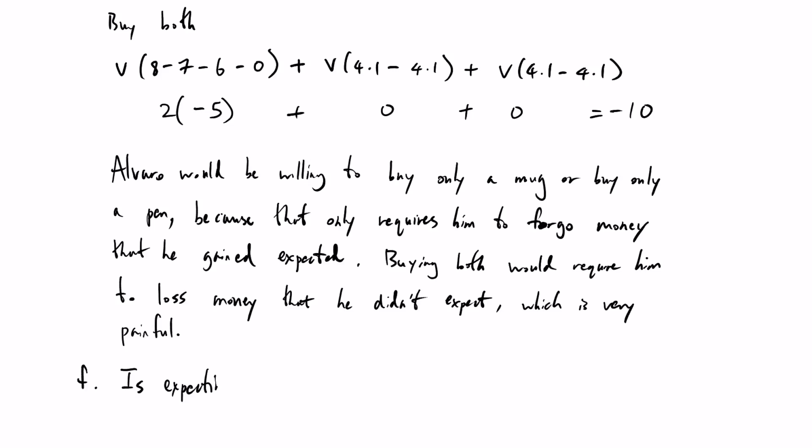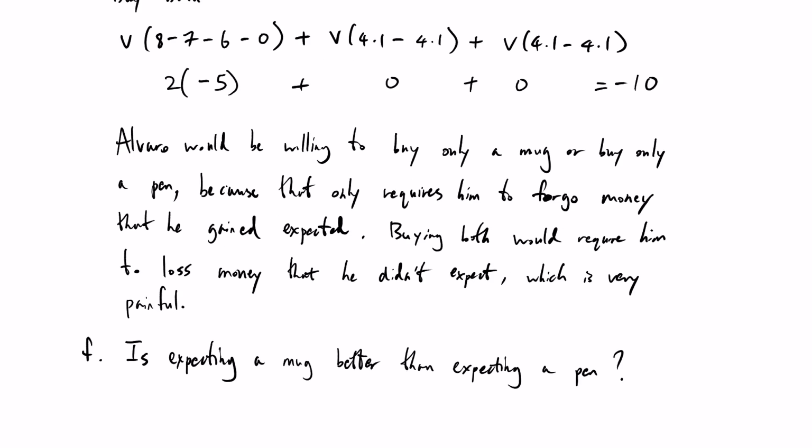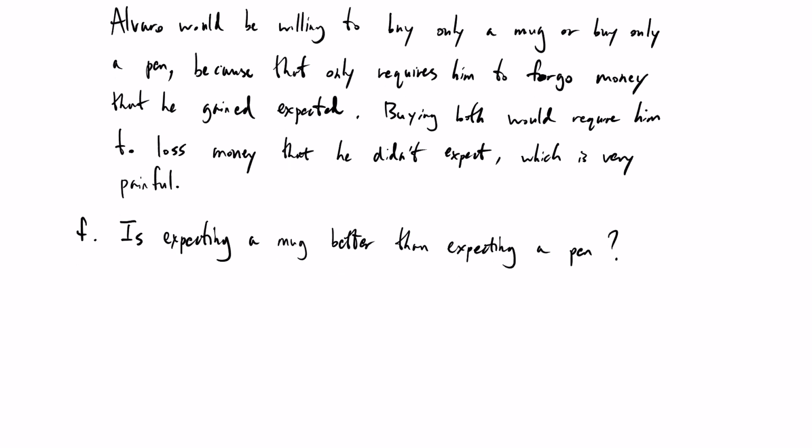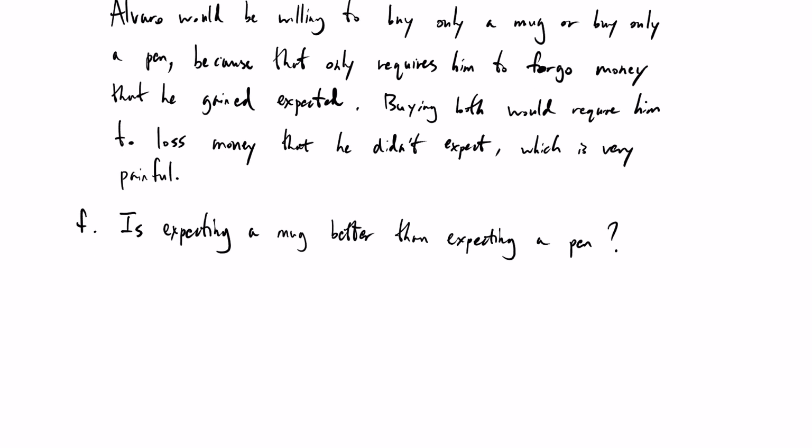So, is expecting a mug better than expecting a pen, or vice versa? Once again, you can see this as kind of a philosophical question. Is it better for someone to expect something expensive, or is it better for him to expect something that is cheap? Which one would actually make someone better off, given that he has the same amount of money?